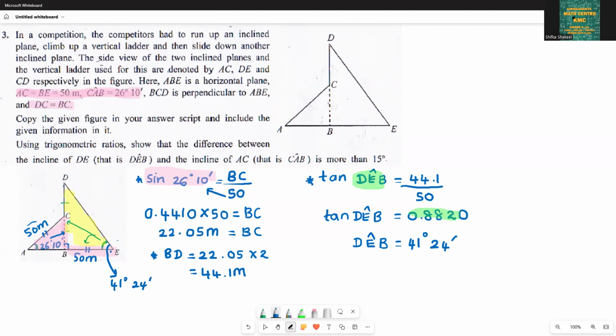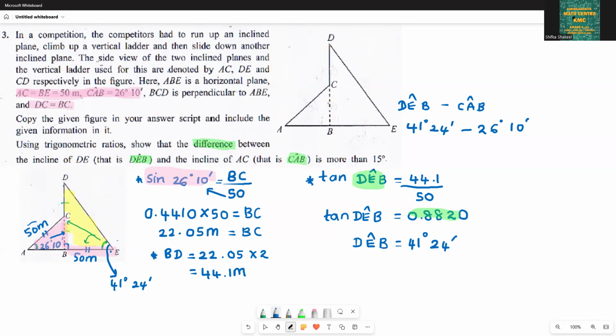So the question is, using the trigonometric ratios, show the difference between DEB and CAB is more than 15 degrees. Difference means we have to subtract. So DEB minus CAB: because they are asking for the difference, we deduct 41 degrees 24 minutes minus CAB, which is given as 26 degrees 10 minutes.